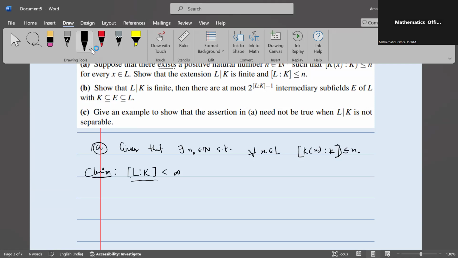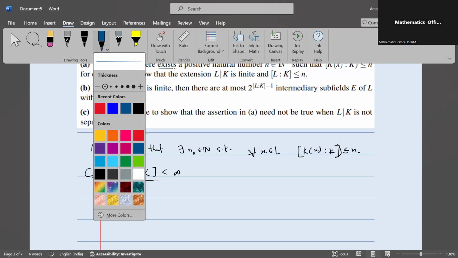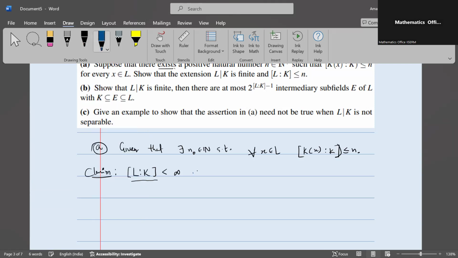So for that, let me start with this: if possible, if L over k is infinite dimensional, what will happen?